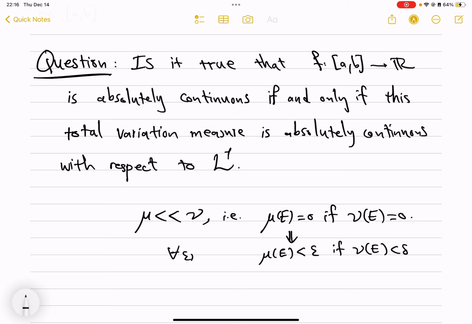So for every epsilon positive, there exists delta positive for this property. But now I'm asking, is there a connection between absolute continuity of a measure with respect to another measure and absolute continuity of a function?